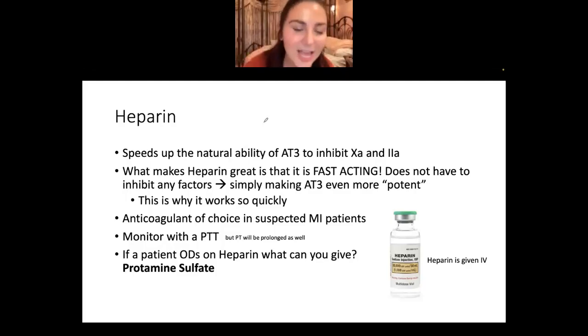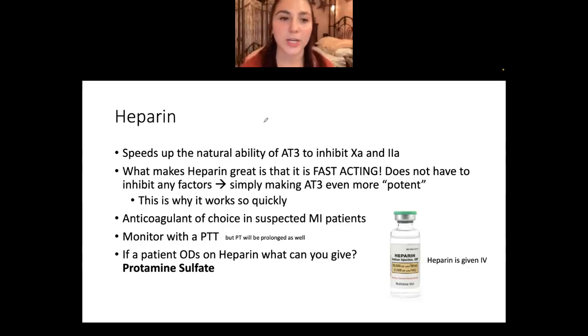It enhances antithrombin, and that's its whole mechanism, which I think is hilarious, that its mechanism is to make something physiologic just work better, right? So heparin speeds up the natural ability of antithrombin 3 to inhibit 10A and 2A, which is thrombin.